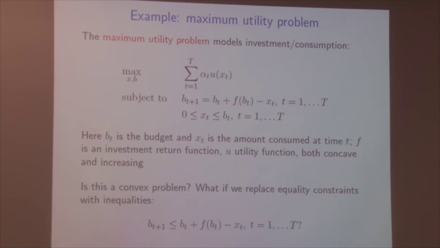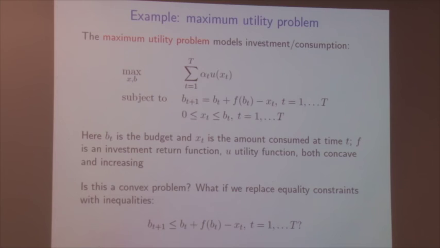Just shake your head or nod or whatever. You guys are so shy. Okay, this is not convex, because my equality constraint is not affine. f is not affine. I just told you that it's, oh yeah, okay, it's concave and increasing. Sorry, because we're doing maximization. Just think of u and f as being concave.